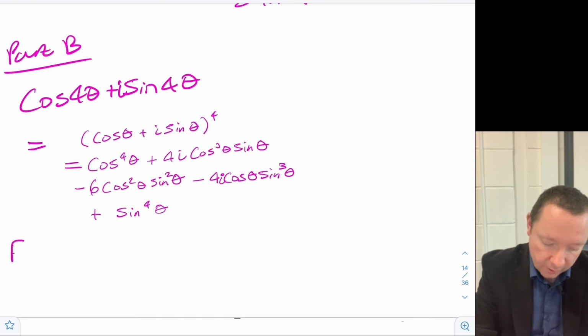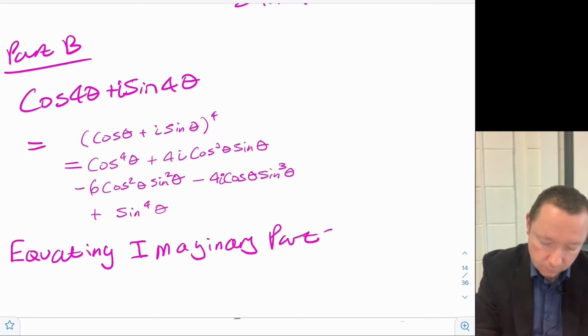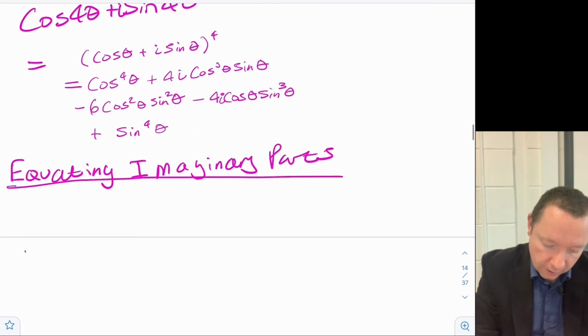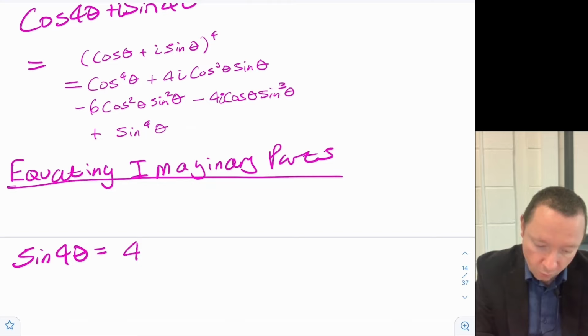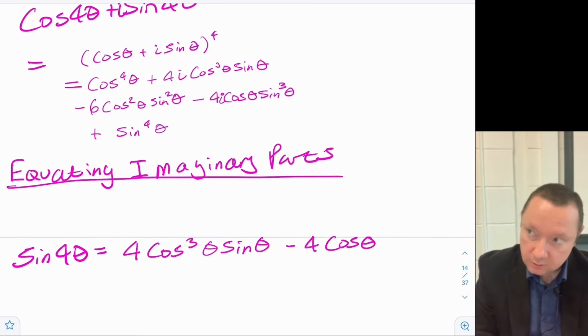So equating imaginary parts, sin 4 theta must equal 4 cos cubed theta sin theta minus 4 cos theta sin cubed theta.